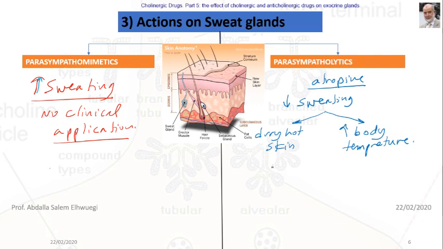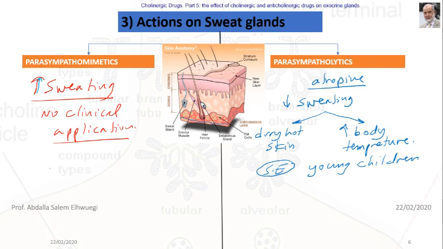This side effect is usually dangerous in young children, because young children usually have a small surface area. Therefore atropine-like drugs produce a very clear increase in body temperature and very clear dry skin.